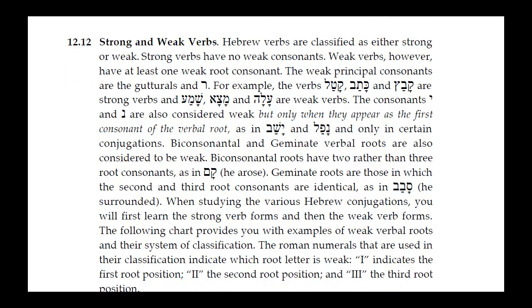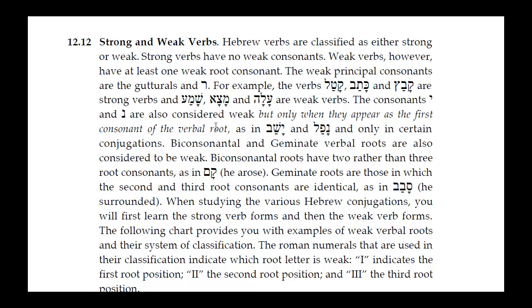Now, we also have what they call strong and weak verbs. Hebrew verbs are classified as either strong or weak, and the strong verbs have no weak consonants. Weak verbs, however, have at least one weak root. The weak principal consonants are the gutturals and resh. For example, the verbs katal, katav, or kafatz are strong verbs because they don't have any gutturals.